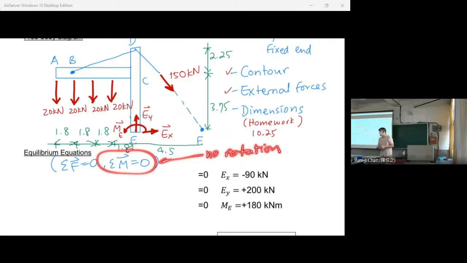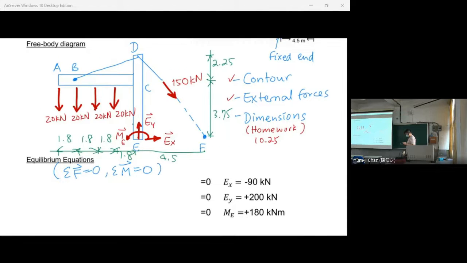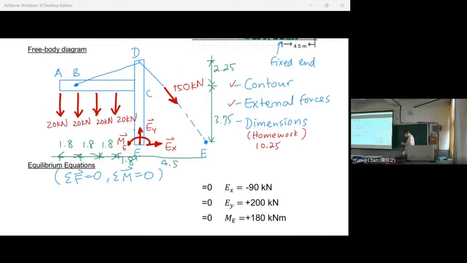So after that we can write three equations here: summation Fx equal to 0, summation Fy equal to 0, and summation M equal to 0.